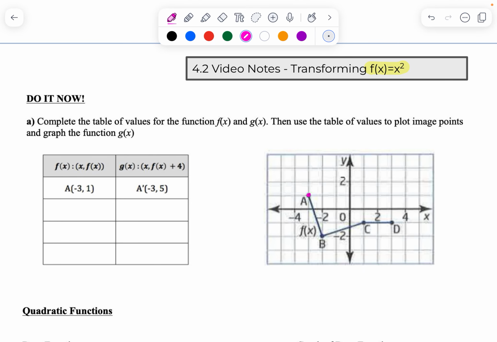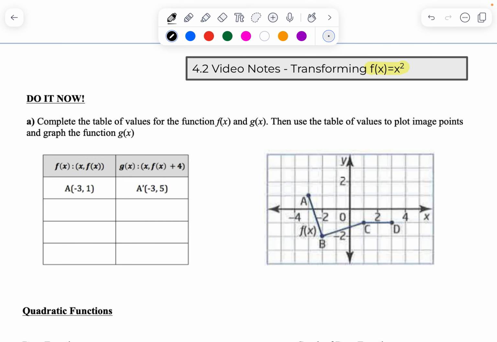Okay, so we're going to look at transforming specifically the function f of x is x squared. First, just remember that transforming means moving around and stretching and sometimes reflecting a function, right?